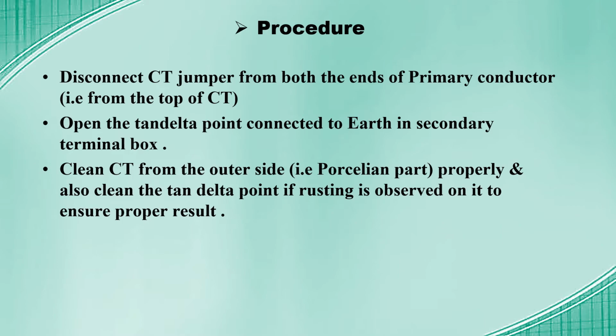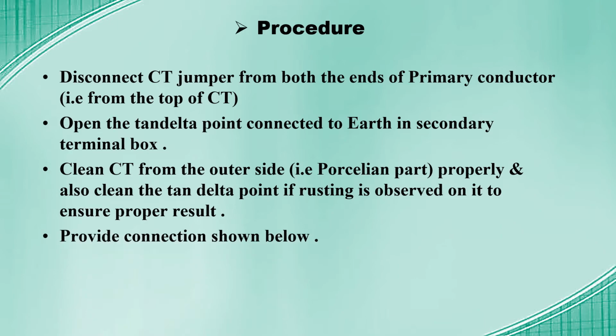And if the tan delta point is rusted, your LV cable will not read the output properly and it may give an incorrect result. So cleaning the CT from the outside and cleaning the tan delta point are very important.